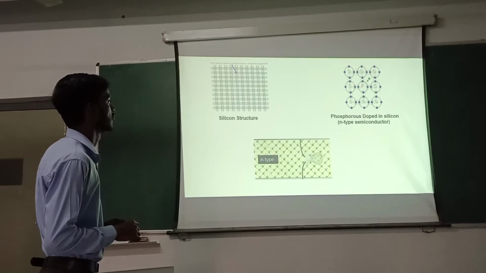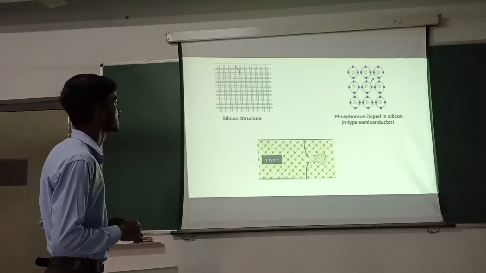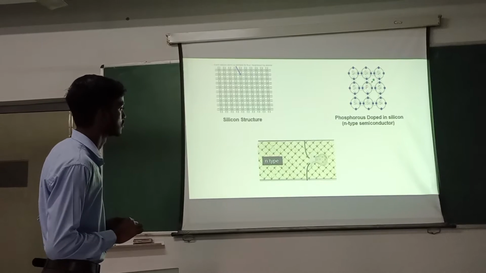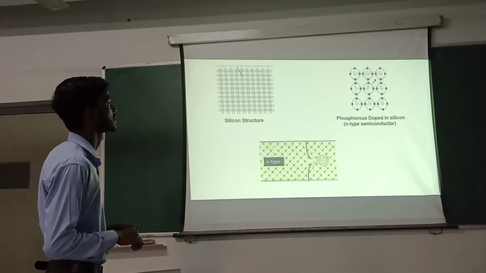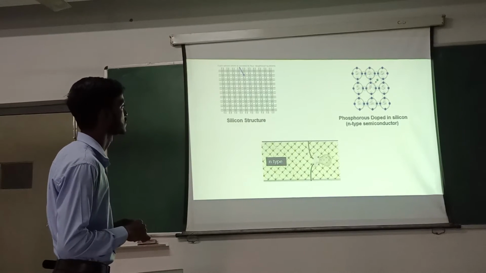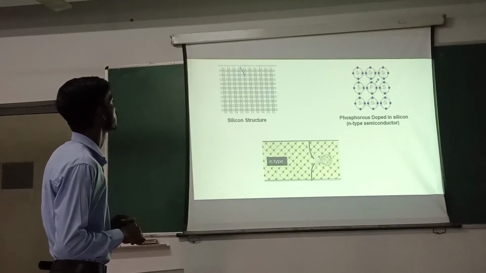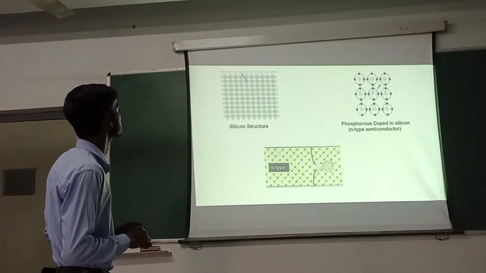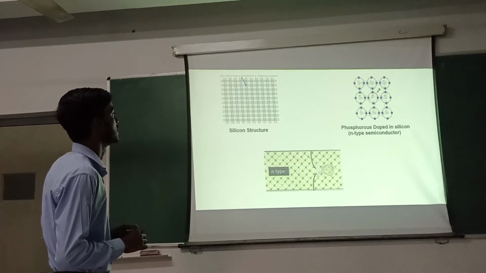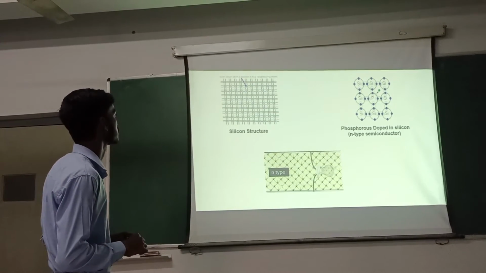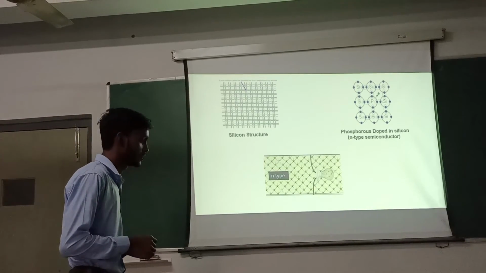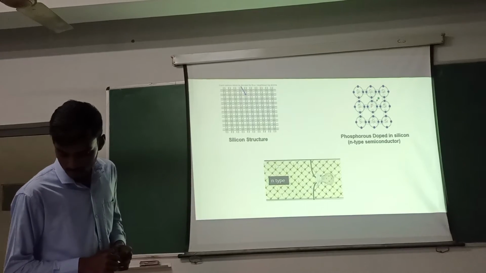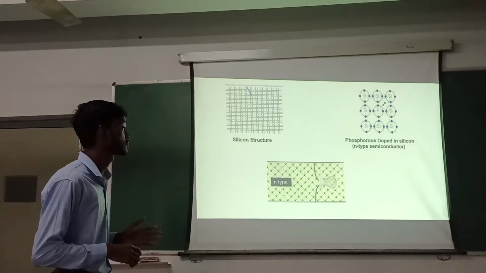We add phosphorus to make it an n-type semiconductor. As phosphorus has 5 valence electrons in its outer shell, if we dope phosphorus in pure silicon, there will be an extra electron present in the silicon-phosphorus structure.